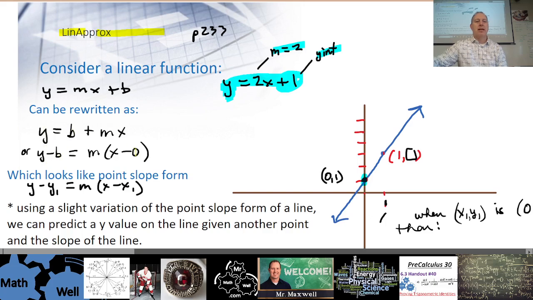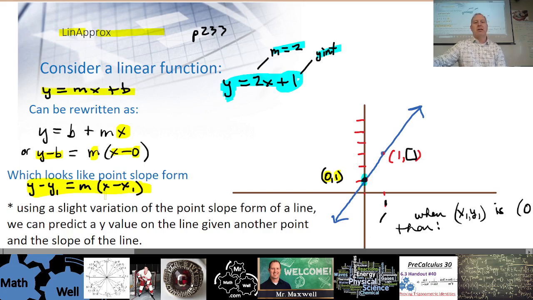I'm going to let this x part be x minus 0. And then what you have is y minus b, which b is a y value there, and m is still the slope, x, and 0 is the x value for a point. And that looks an awful lot like the point slope form of a line. Okay? So those two, they are related somewhat, yes.